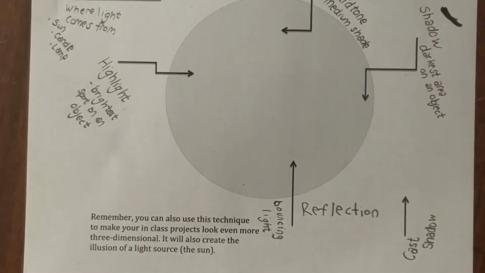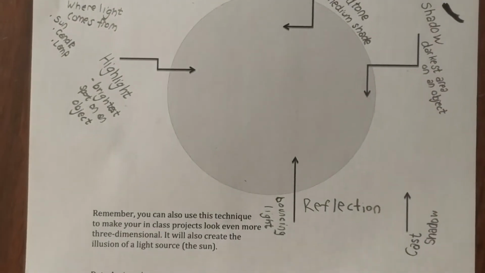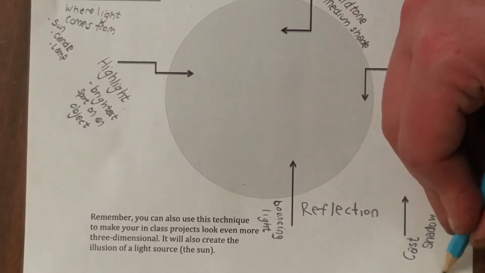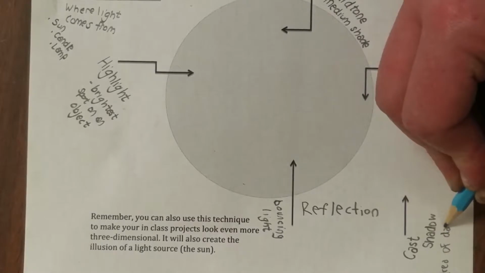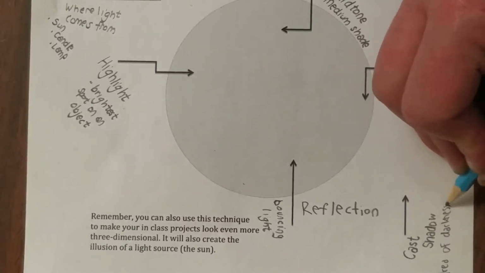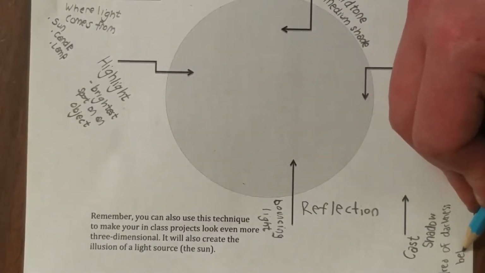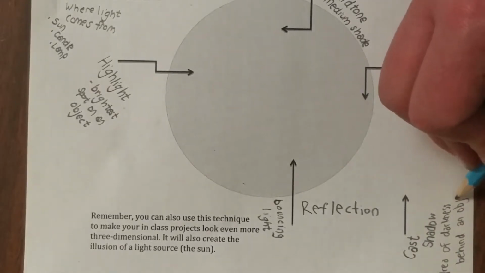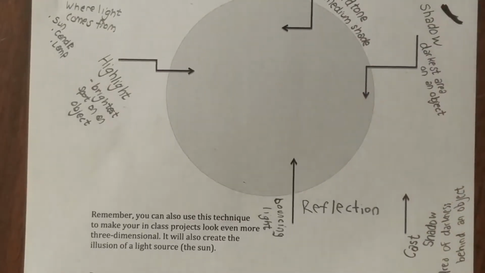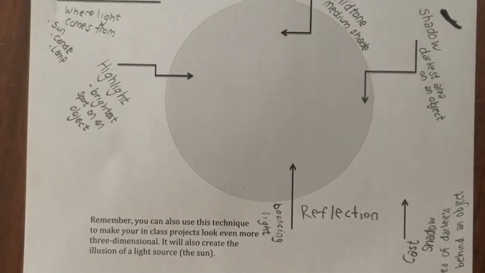The cast shadow is simply defined as area of darkness behind an object.